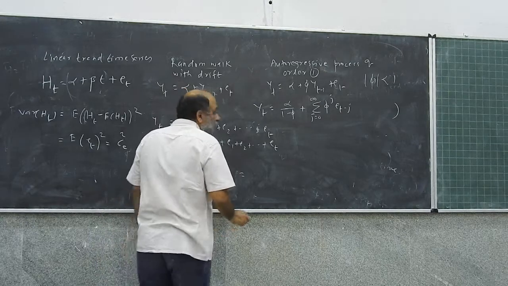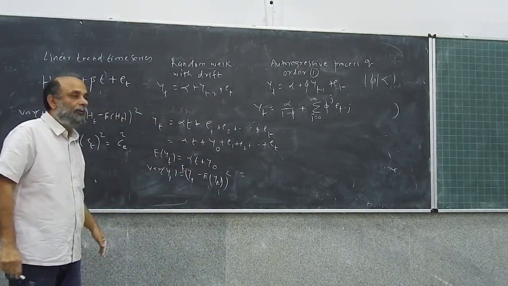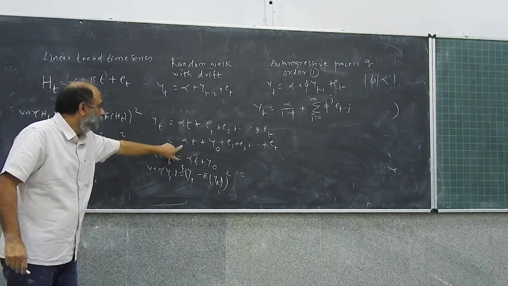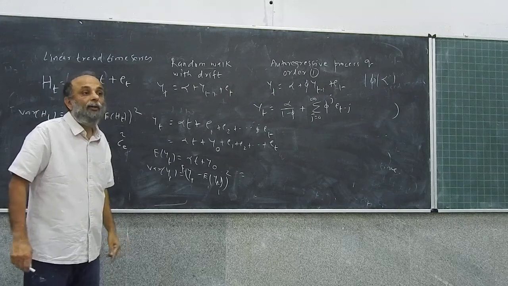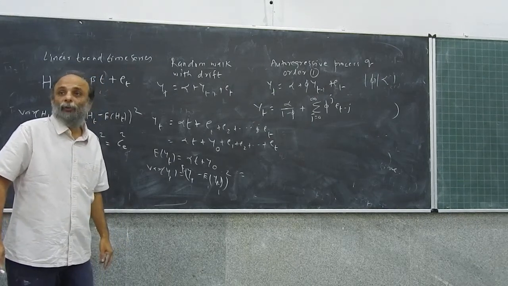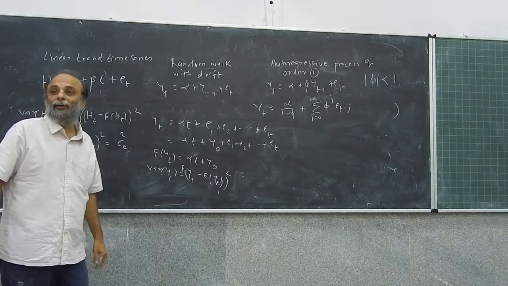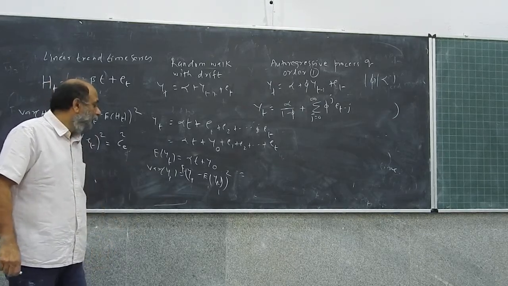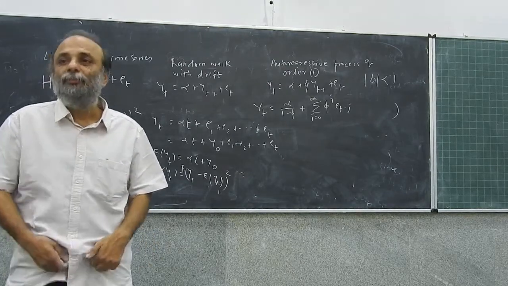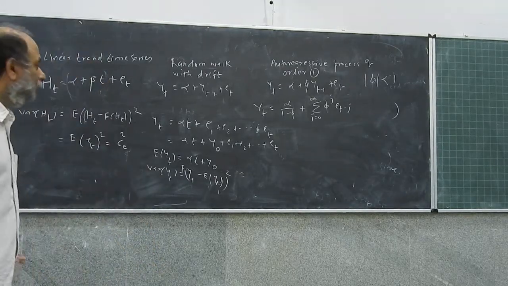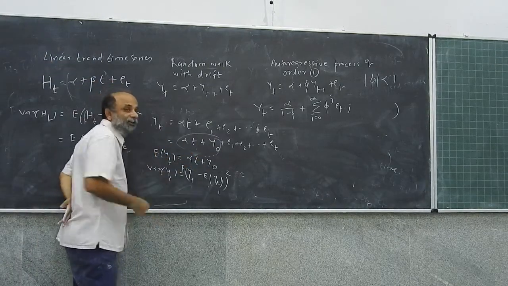Which will be what, friends? The expectation will be what? YT minus alpha T plus Y0. So what do you get? Say something, it's so simple. This is YT, this is the expectation of YT. This minus this is what?